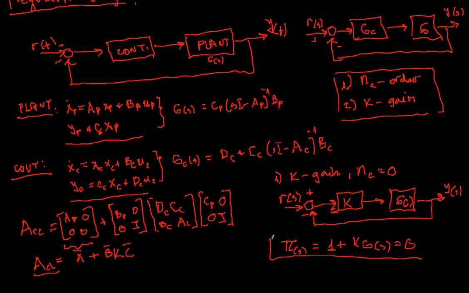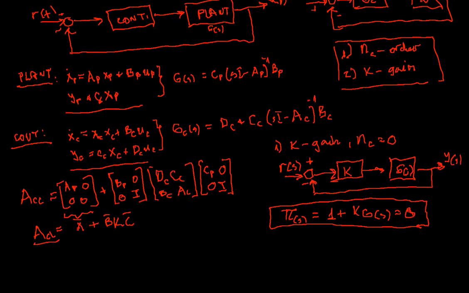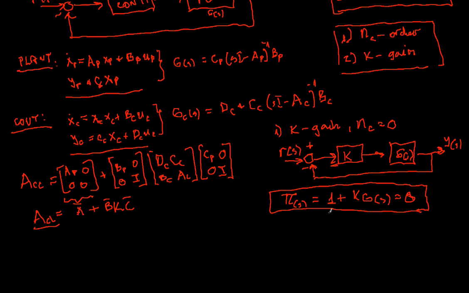In other words, this is equal to 0, and we need a gain that ensures that the solutions or the roots of this P of S characteristic polynomial are negative.